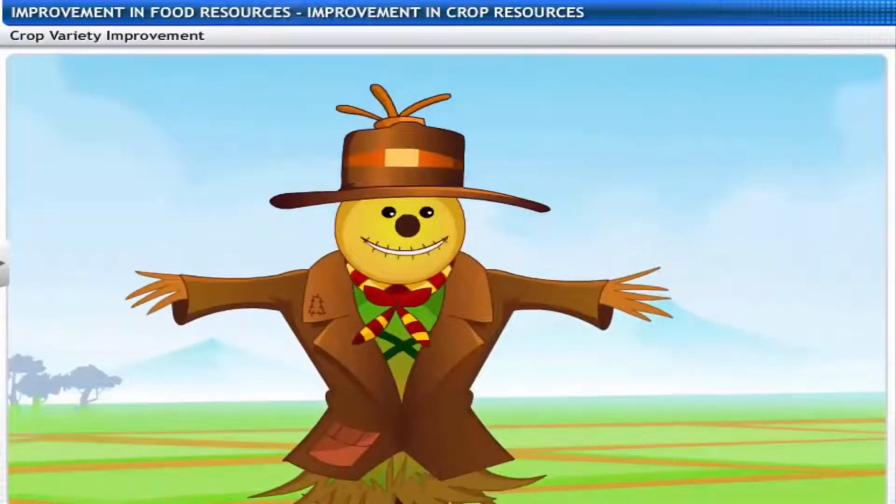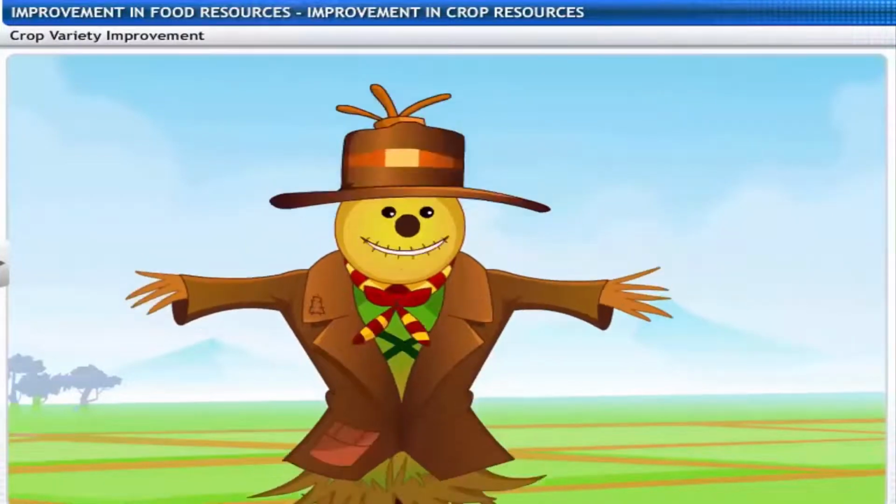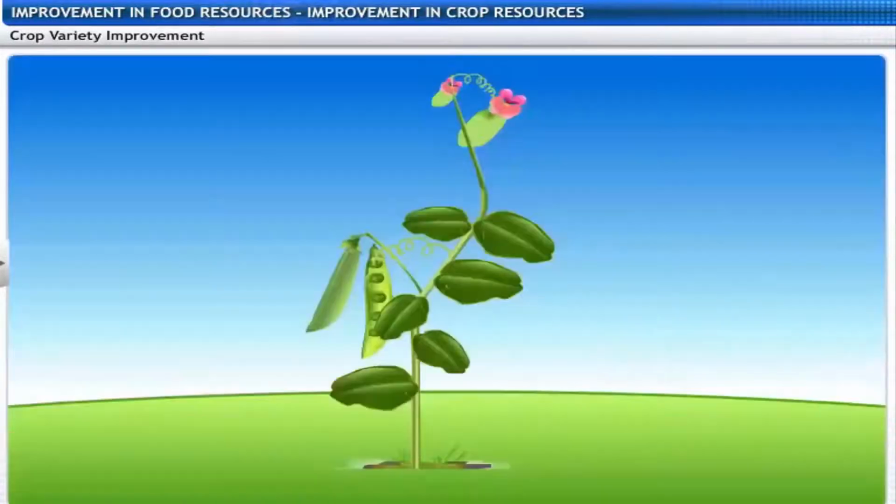I am glad that crops are really being looked after. But how do we arrive at a high-yield crop variety? We find the high-yield crop by a process of selection.